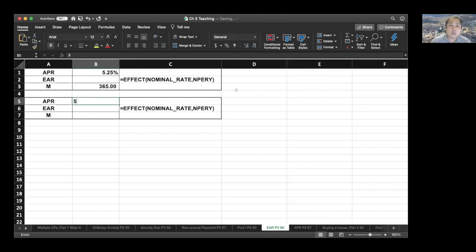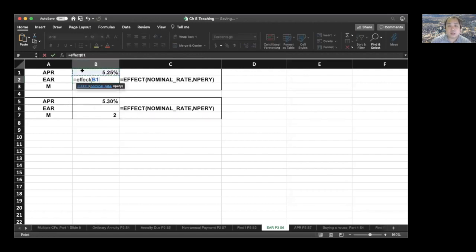And the second one is 5.3%, and then m is 2. Then there's a function called EFFECT.